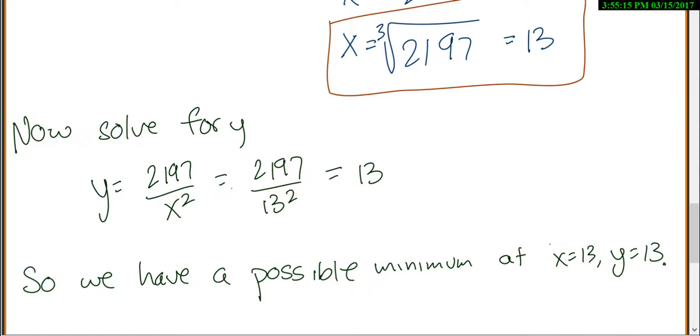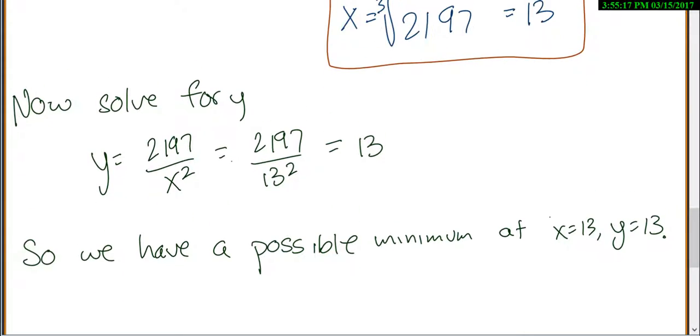Now, technically, you should go through and calculate your D of x, y, to see if it truly is a max or min, because it could be a saddle point. But on story problems, usually we find that the only number that comes out as an option is probably the one that is a true minimum. And so at this point you probably spent enough time that you probably skip it. But if you want to, you could go ahead and calculate D to make sure it truly is a minimum.